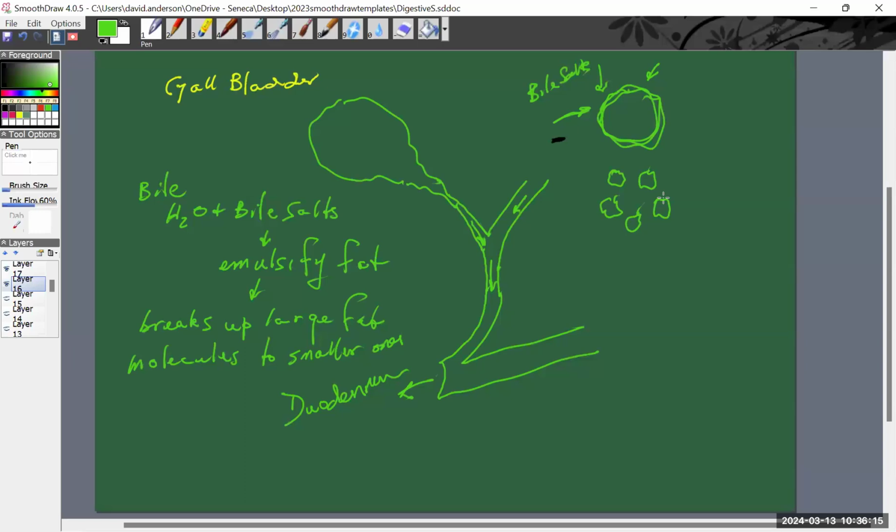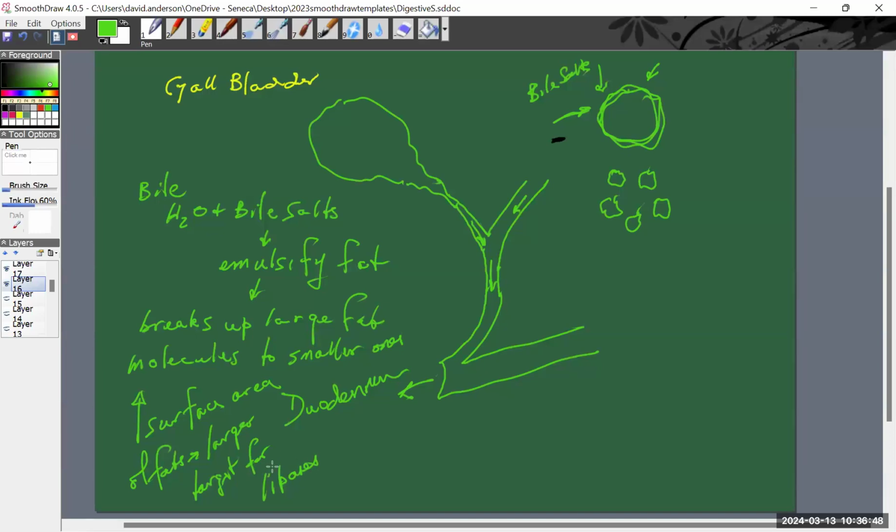Now, when we break those up into smaller molecules, we're going to increase... So the result of emulsification is that we increase the surface area of fats so that we have a larger target for lipases.